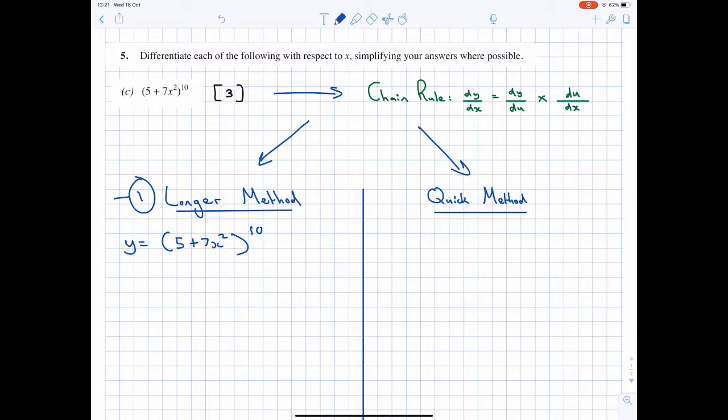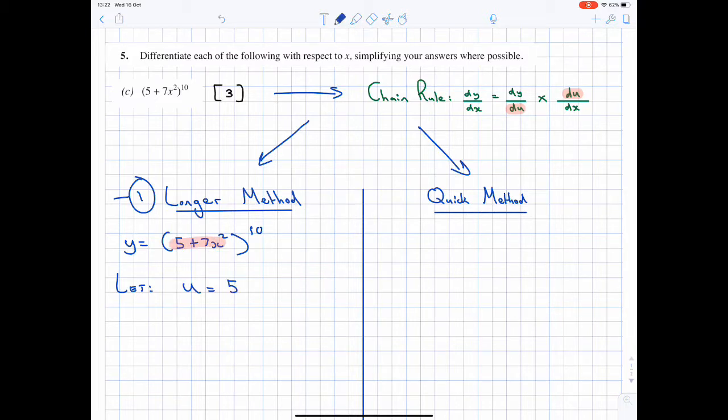And now we need to start using the chain rule. But what you can notice here is we've got du involved, so we've got the variable u, but in our actual question we've got nothing to do with u's. We've only got y's and x's. So we need to find a way to get the u's involved. What we're going to do is say let u equal an expression, and that expression is going to be 5 plus 7x squared.